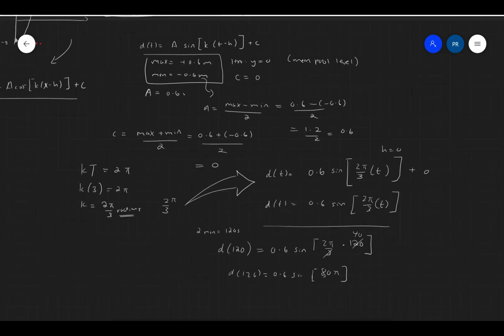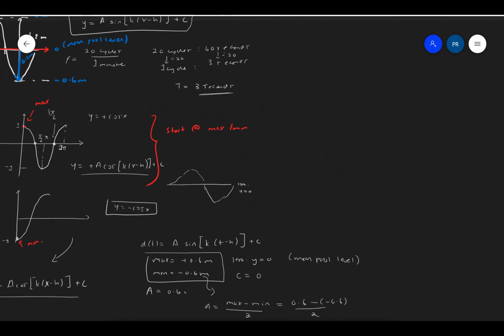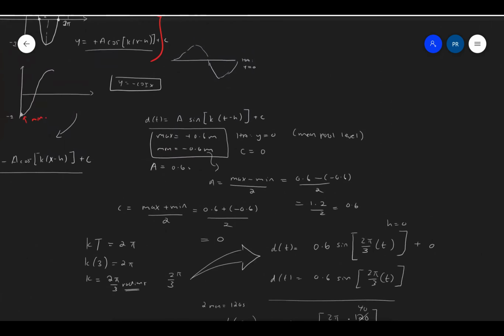And if you punch this in your calculator, guys, this goes back to 0. So this tells you that after 2 minutes, we're going back to 0 meters. Well, that makes sense because it's telling us here that every minute there's going to be 20 cycles. So in 2 minutes, there's going to be 40 cycles.